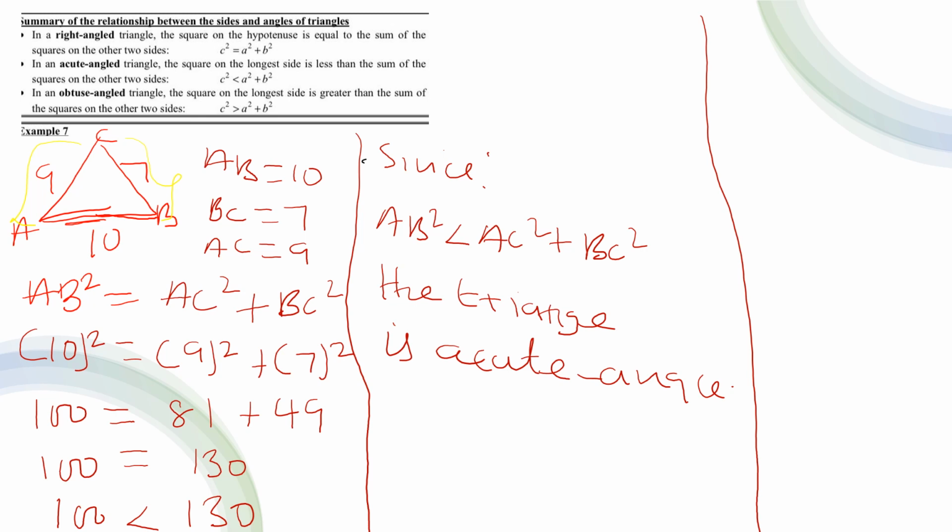Now let's look at another example. Another example I have here is triangle ABC, where this is side A, this is side B, and this is side C. What is the measurement?